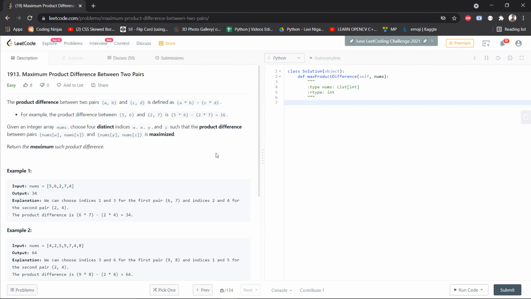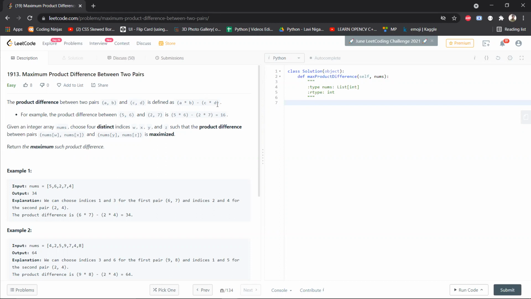You have been given an array nums which has some elements and you need to find two pairs A, B, C, D such that the product difference of them, which is A into B minus C into D, is maximum. And we have to return the maximum product difference that we thus form.